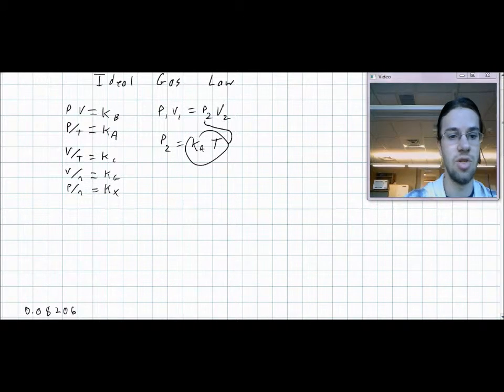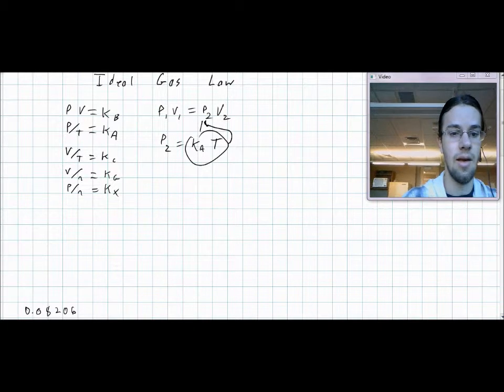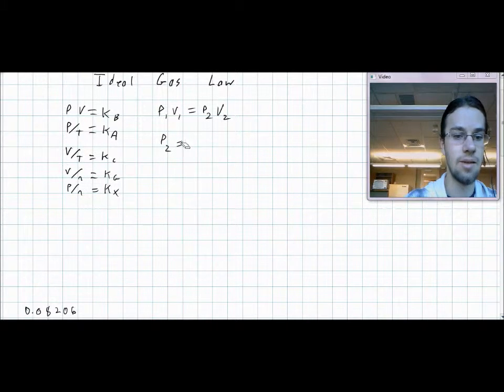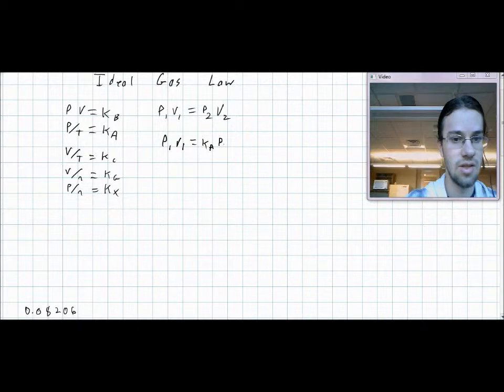And so I'm just going to plug this in, and what we get is P1 times V1 is equal to Ka times T times V2.